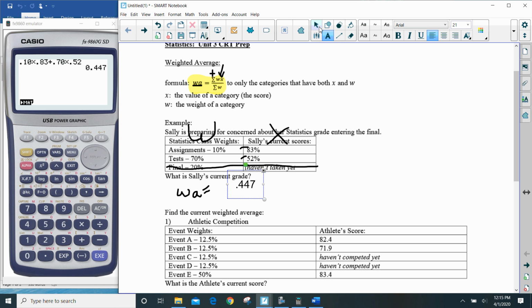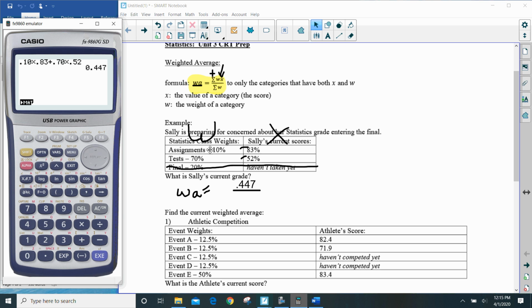The denominator is just the summation of the involved W's. The W's are the weights, so that would be the summation of all the W's, so that's 10 and 70.